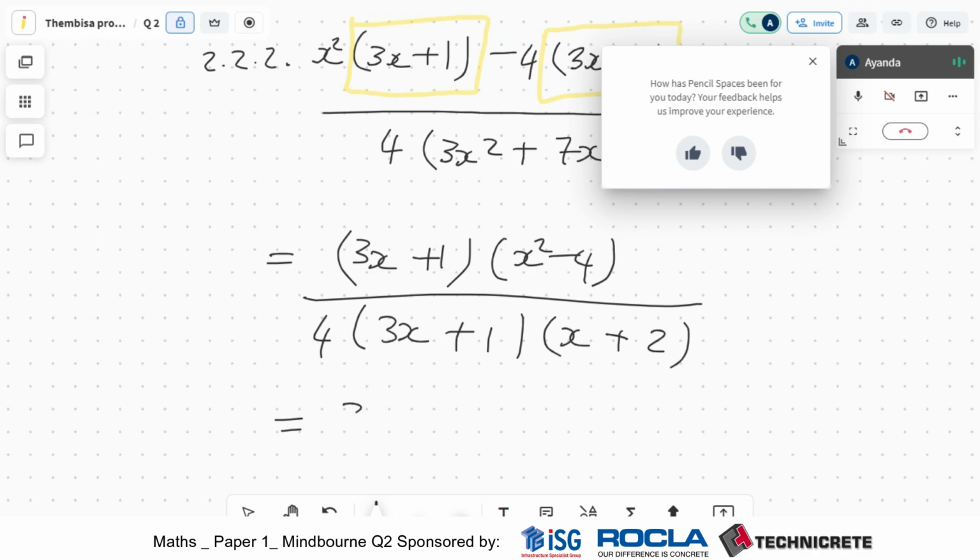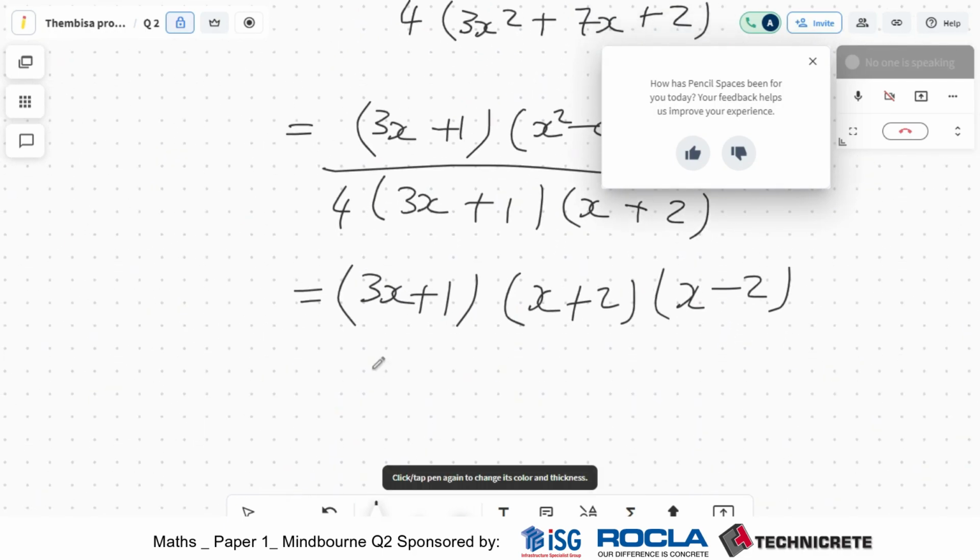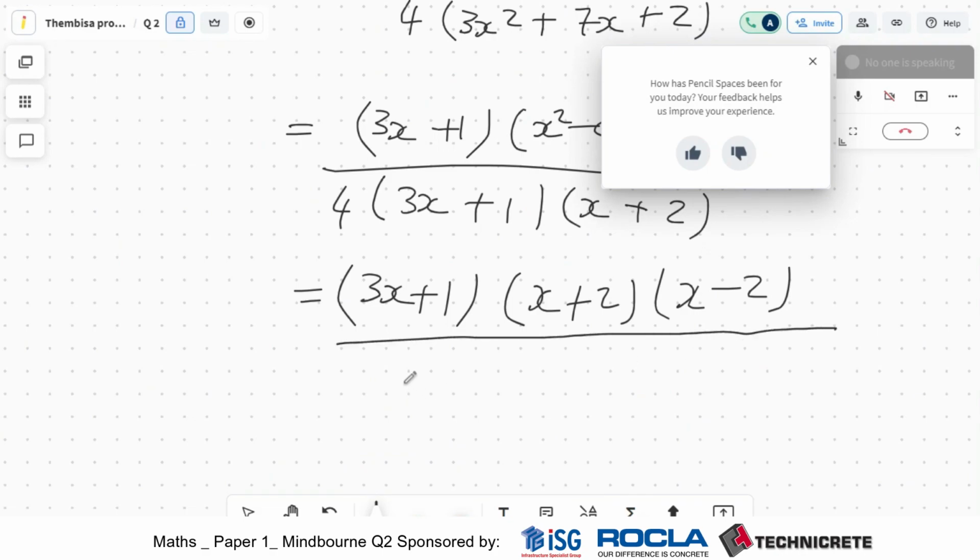So we can have 3x plus 1, and we'll have x plus 2 and x minus 2. And at the bottom, we're left with 4 times 3x plus 1 times x plus 2.